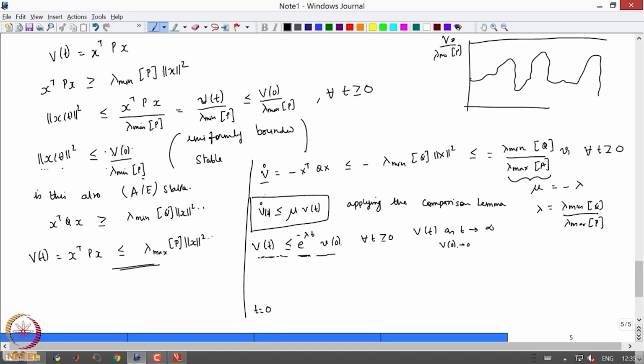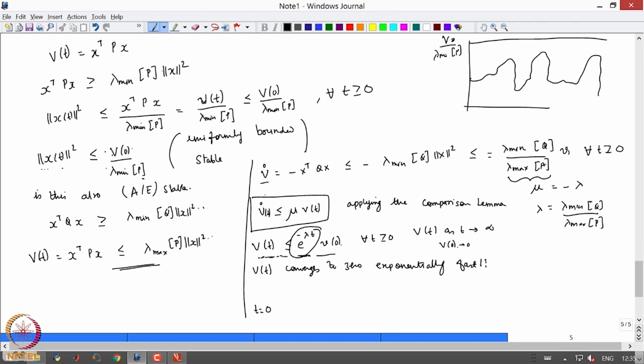And at what rate does it do so? This quantity here tells me that V of t converges to 0 exponentially fast.